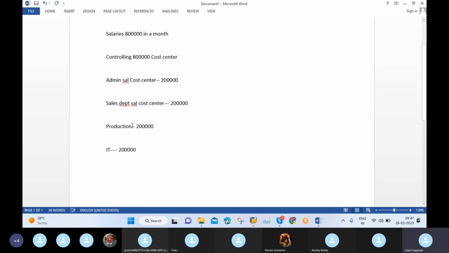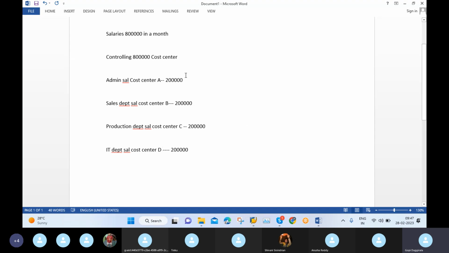In the production department, salaries will be treated as one more cost center. Finally, IT department salaries are also treated as one cost center. So I will maintain my cost centers here as A, B, C, and D.